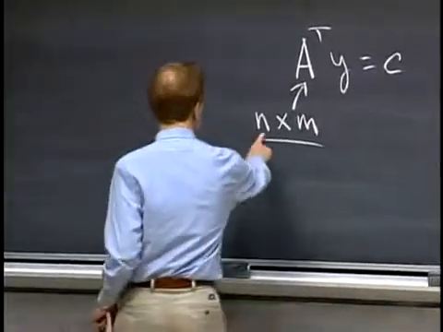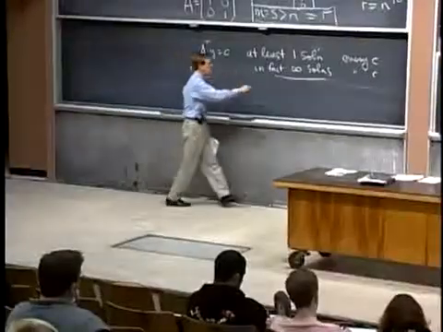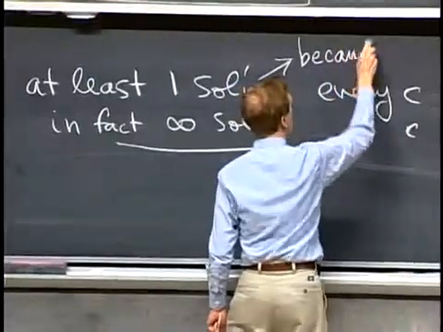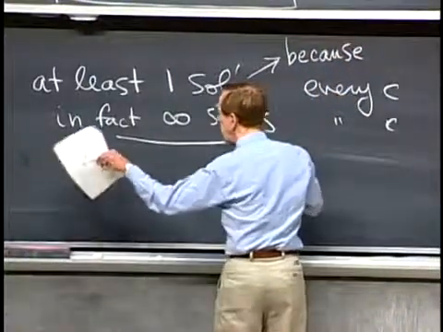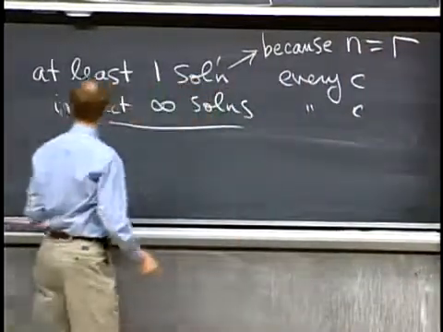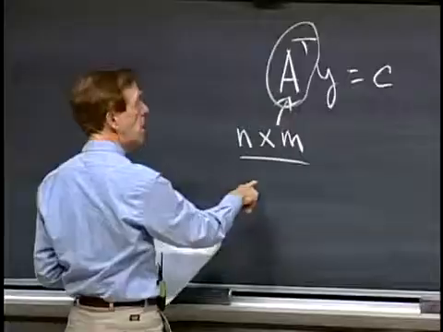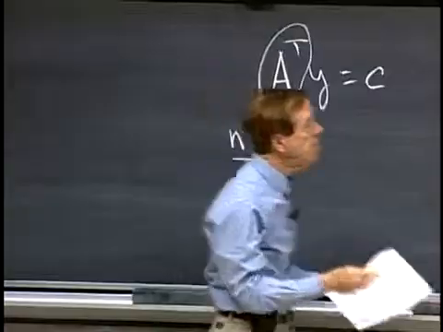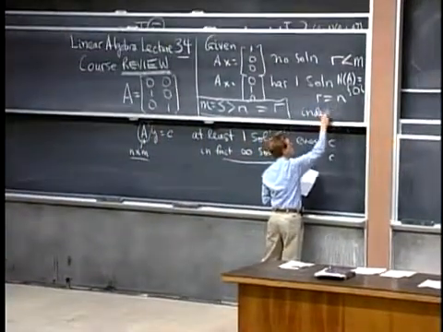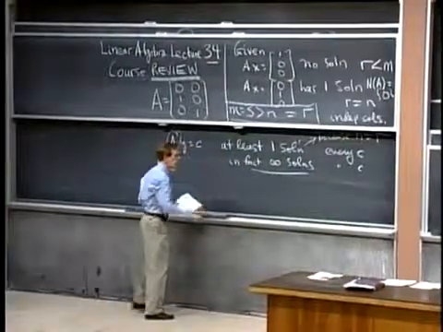Here we have n rows, and that's the rank. So at least one solution because the number of rows, which is n for the transpose, is equal to r, the rank. This A transpose has independent rows because A had independent columns, right? The original A had independent columns. When we transpose it, it has independent rows, so there's at least one solution.